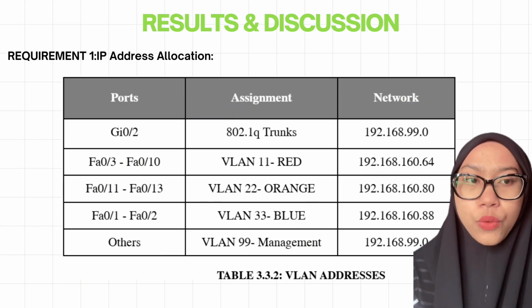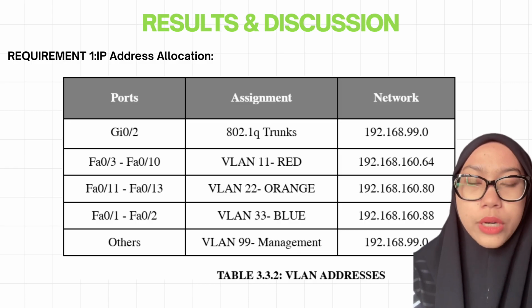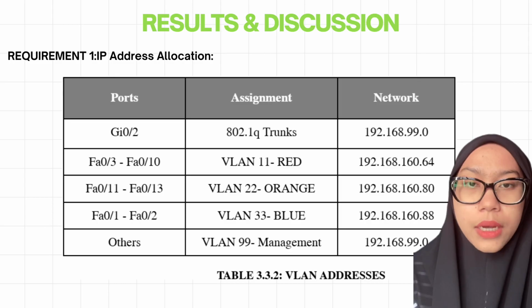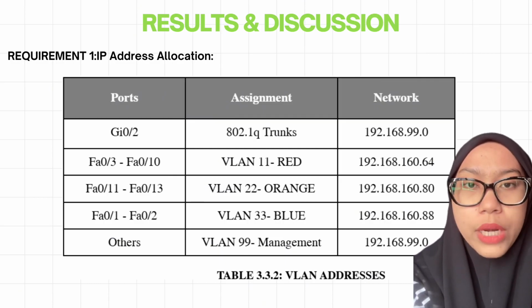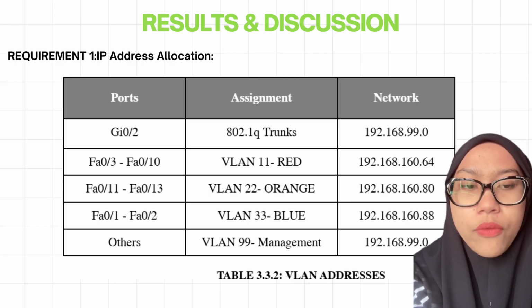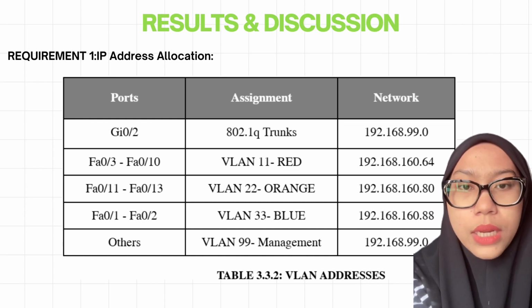For VLAN 22, we name it as orange at port Fa0/11 until Fa0/13, and use IP address 192.168.160.18. For VLAN 33, we name it as blue at port Fa0/1 until Fa0/2 and use 192.168.160.88. For VLAN 99, we name it as management and use for network management at 192.168.99.0.